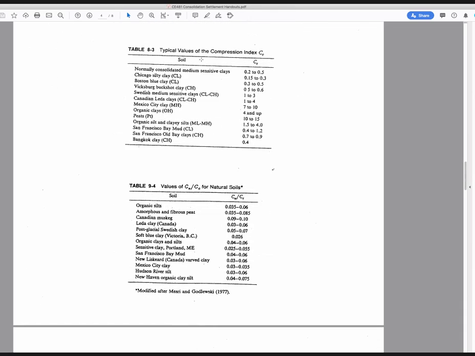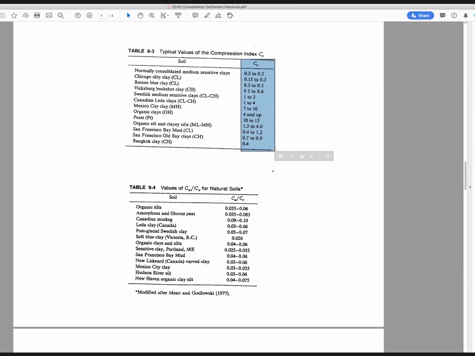There are some typical values for C sub C, just to give you an intuitive feel as to, hey, what should these numbers be around? They range from 0.1 on up to 15 shown in this table. So it's quite a large range.